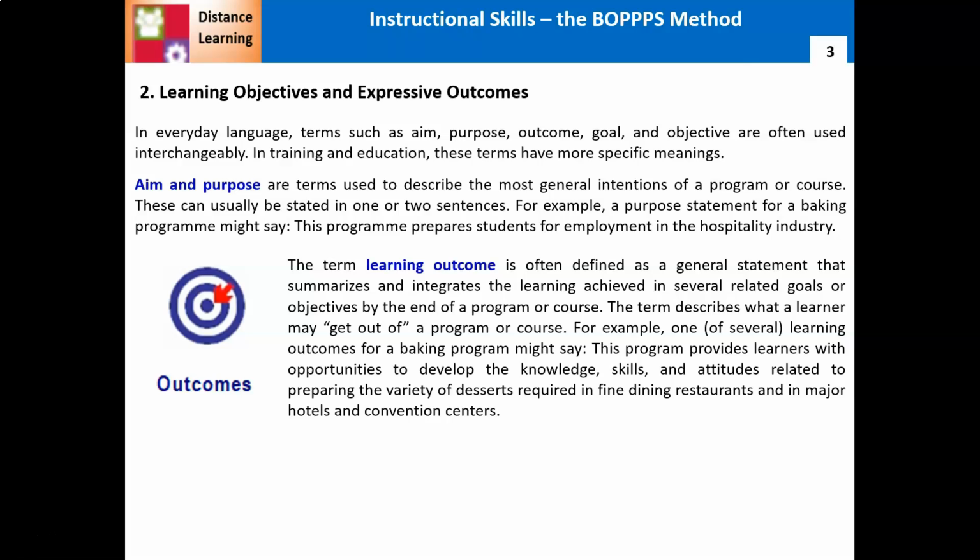For example, one or several learning outcomes for a baking program might say, this program provides learners with opportunities to develop their knowledge, skills, and attitude related to preparing a variety of desserts required in fine dining restaurants and in major hotels and convention centers. So this may be the overall outcome of a specific program or course.